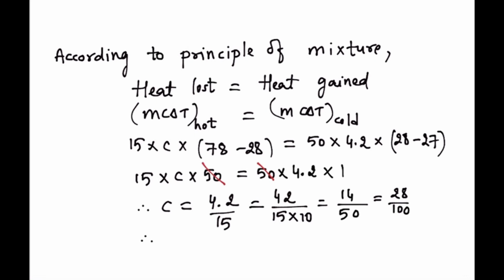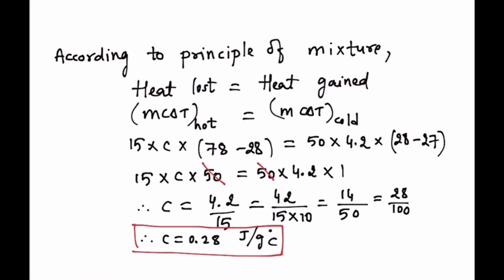So the specific heat capacity is 0.28 joule per gram degree Celsius. This is the answer for the specific heat capacity of the metal. Thank you.